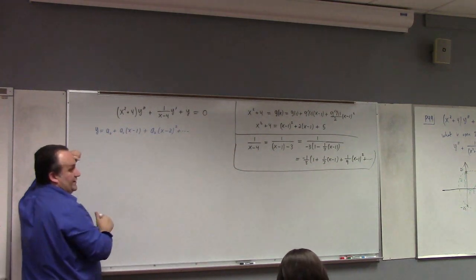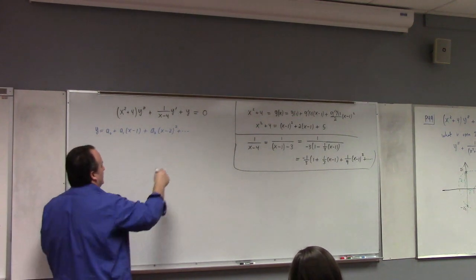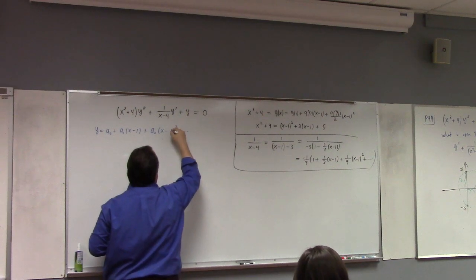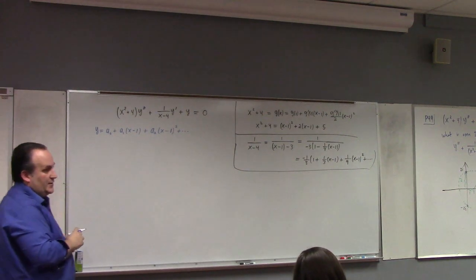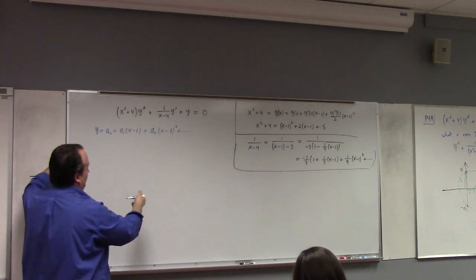That's the quadratic order. Why did I put a 2 there? No good reason. Just 1. All right, so we put this all together basically.